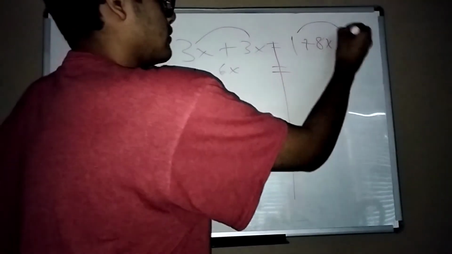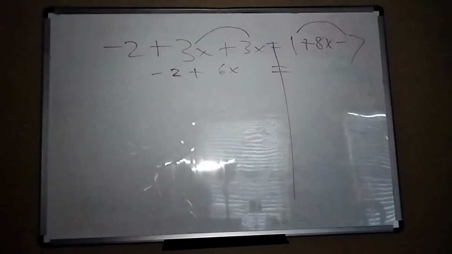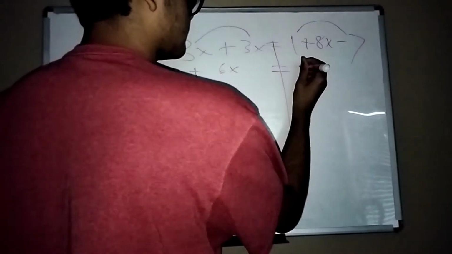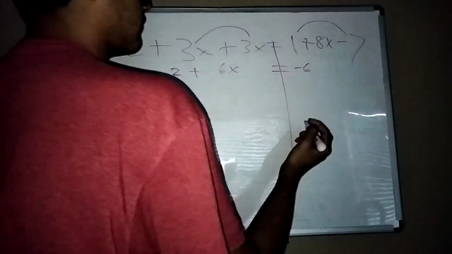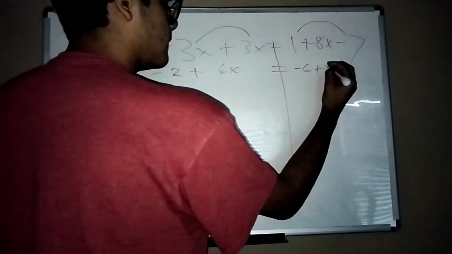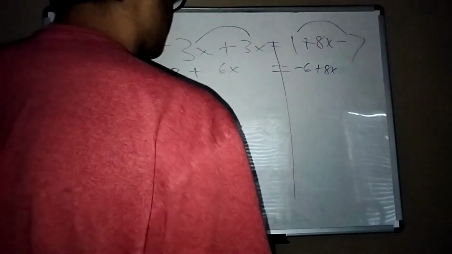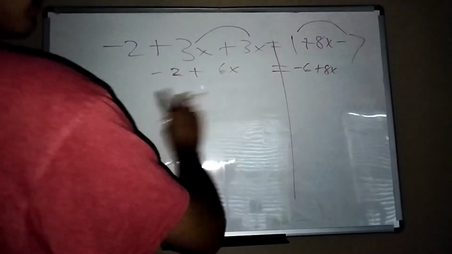So you have to add these, and then you get the negative 6, because 1 plus negative 7 is negative 6. And then you drop the positive 8x down. There. So this is our new equation.